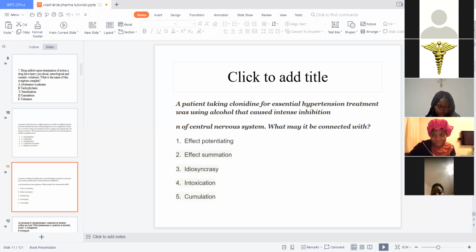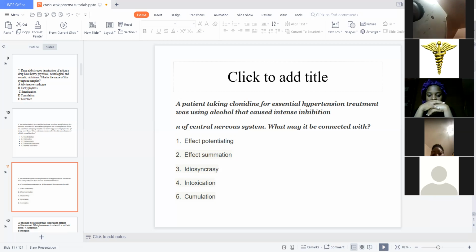Intoxication, try again. Can it be cumulation? Okay, that's not correct. The correct answer here is effect potentiation.